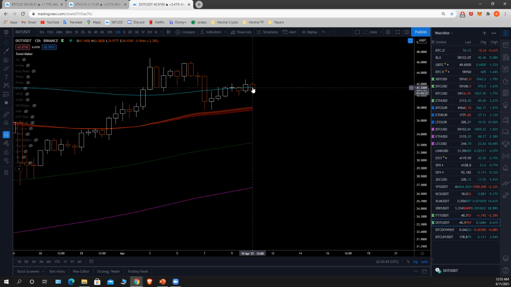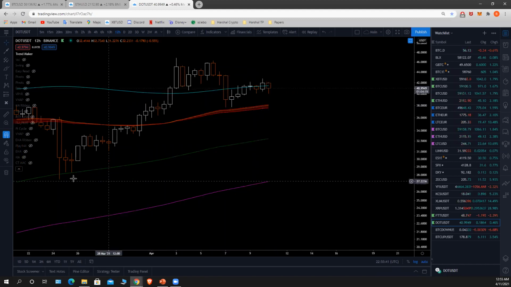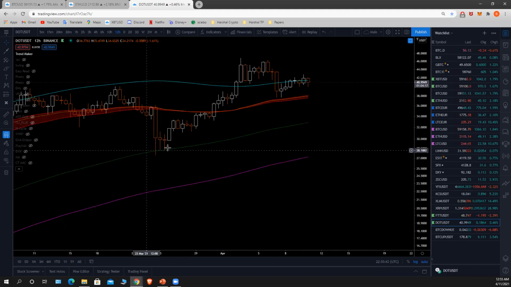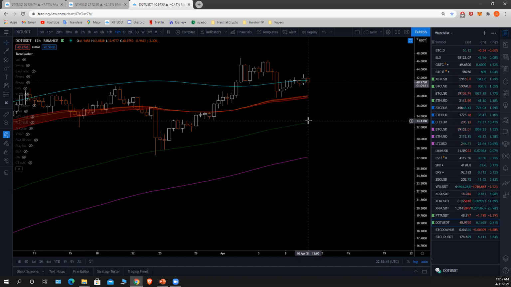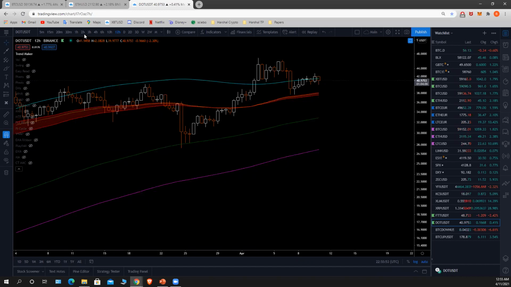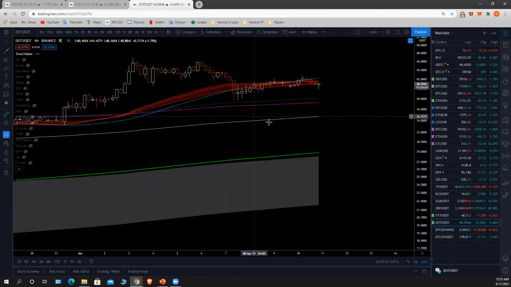So let's say if from this area it continues to get pushed down, then this ribbon is where I would like to start entering a spot position. And then as you can see, this green line already has been a support. So if in case Dot breaks this ribbon, then this will be my next entry. So it's kind of straightforward on lower time frame.